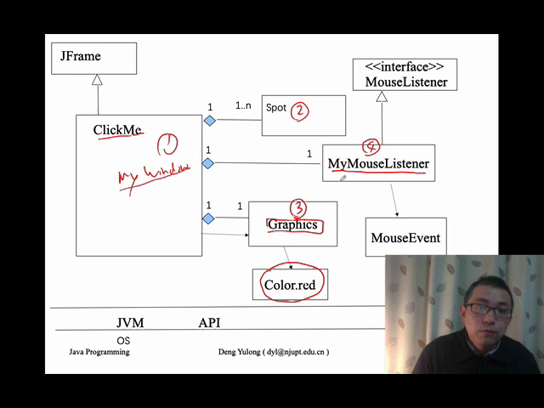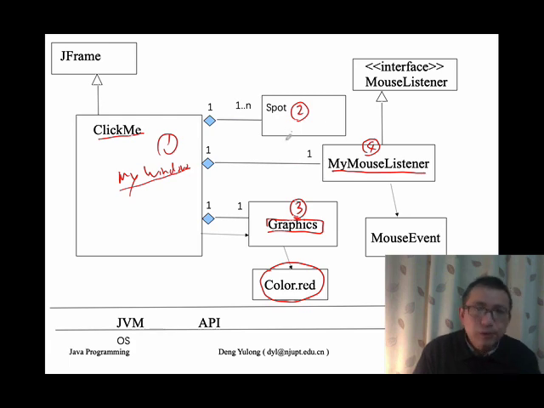Now we have four objects: my window, click me, and a spot, and graphics, and my mouse listener. Now we consider their relationship. We think about how these objects connect and collaborate with each other. Look at click me and spot.